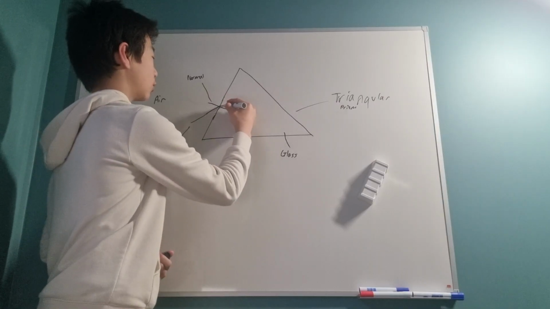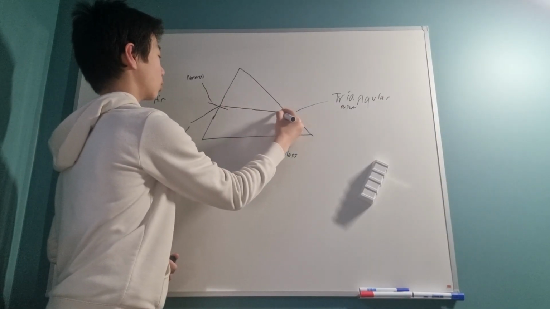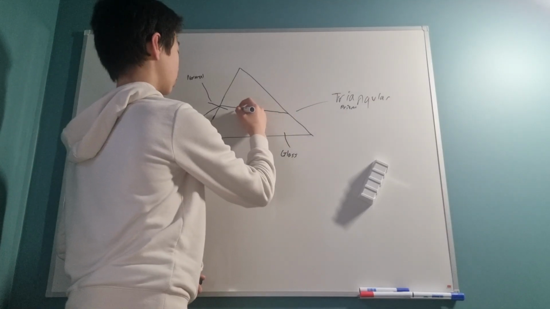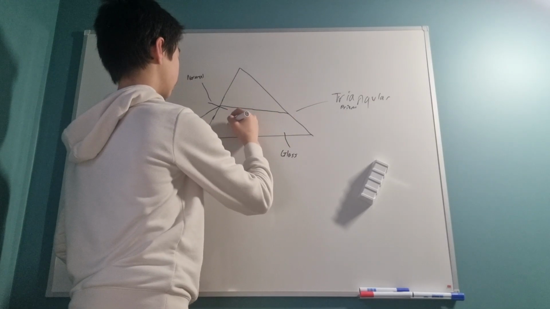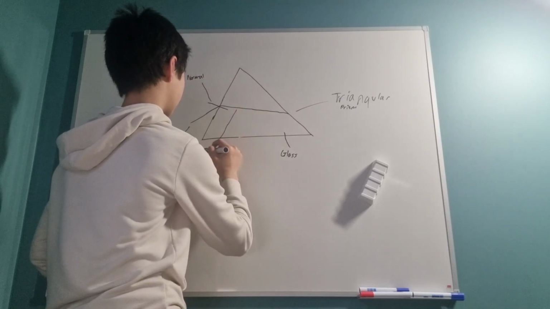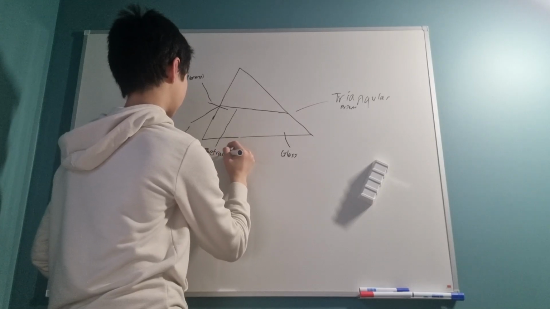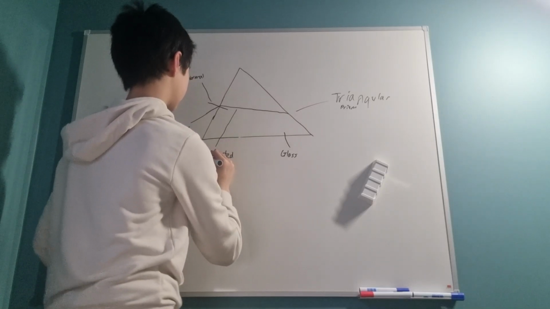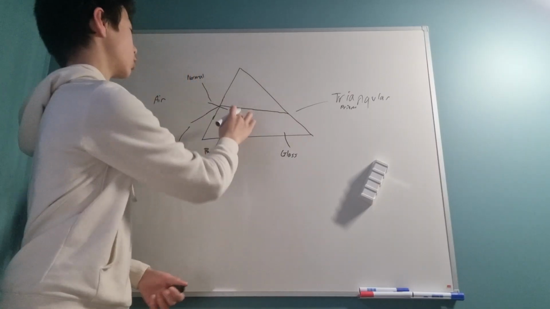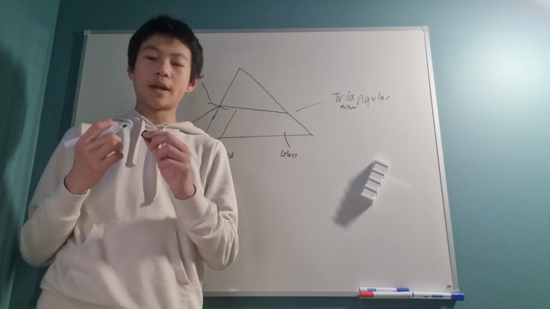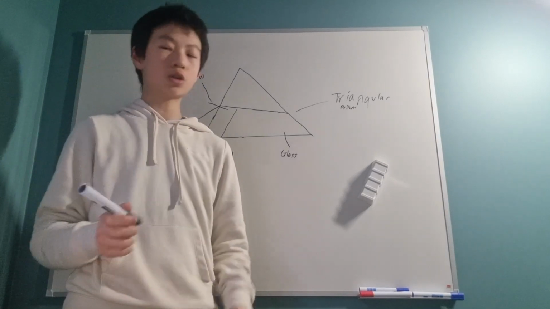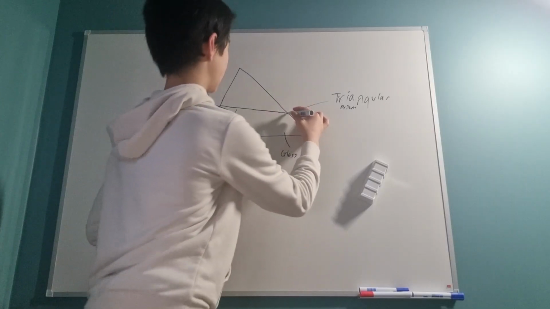As we can see, the refracted ray bends towards the normal. So this is called the refracted ray. And after that, we also have the emergent ray, the ray which is leaving.